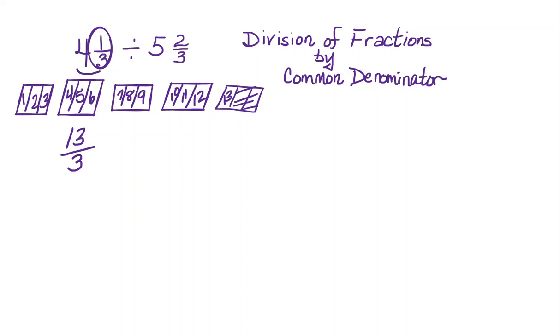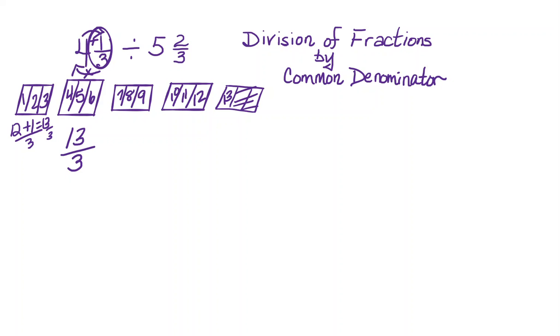I can do 3 times 4 plus 1, and I would get that same 13. 3 times 4, 12, plus 1 equals 13. And I still put it over 3 because I'm looking for thirds.